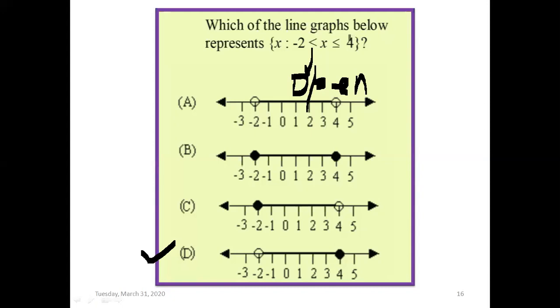And when you have a less than or equal to, it means the interval is closed. So what you notice? Open, closed. What about C? C will be closed and open. B, both of them are closed. And A, both of them are open.